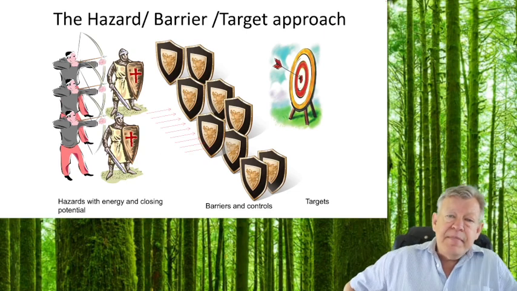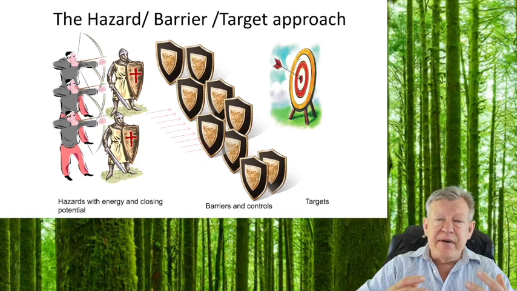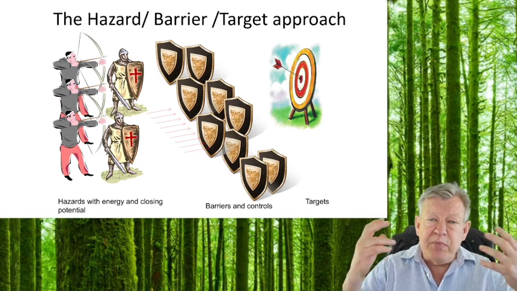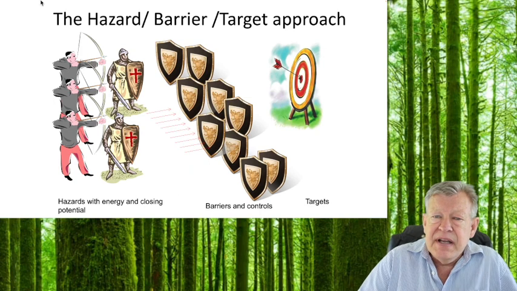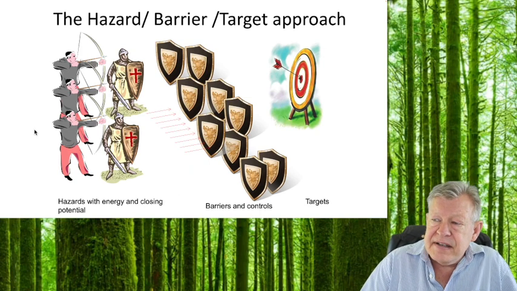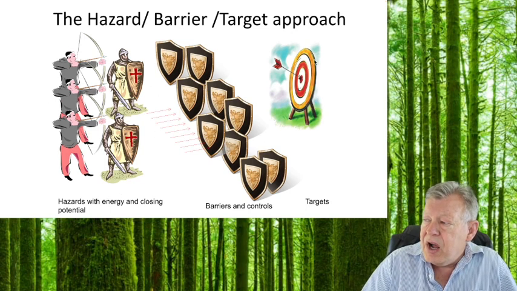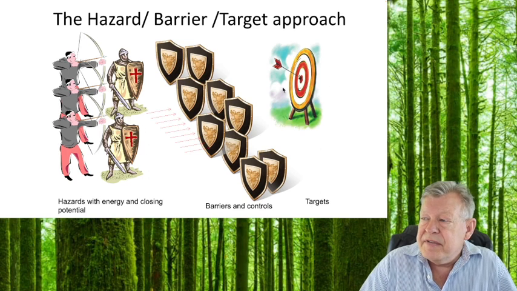The idea behind the hazard barrier target approach, when we want to brainstorm our hazards for risk assessment, is based on the principle that there are hazards that want to cause harm to the target. Now, these hazards can be tools, equipment, procedures, animals, all those kinds of things.